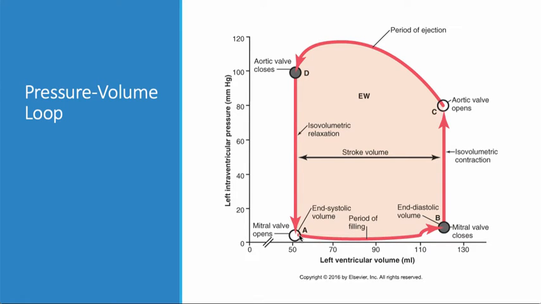What is being reflected here, if we start at this point, is that the left ventricular volume increases as passive ventricular filling happens as the atrium dumps blood into the ventricle. And that volume increases along this x-axis.